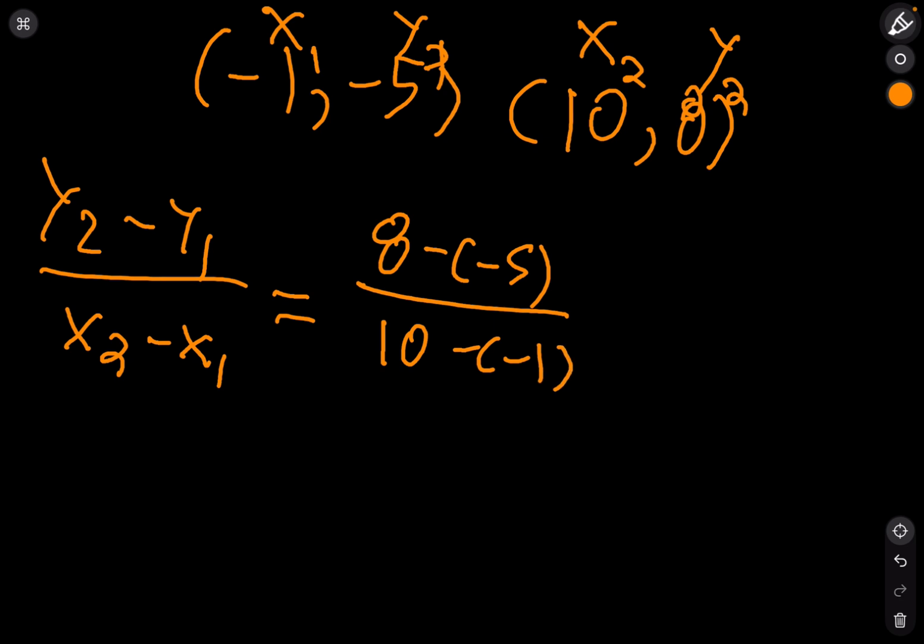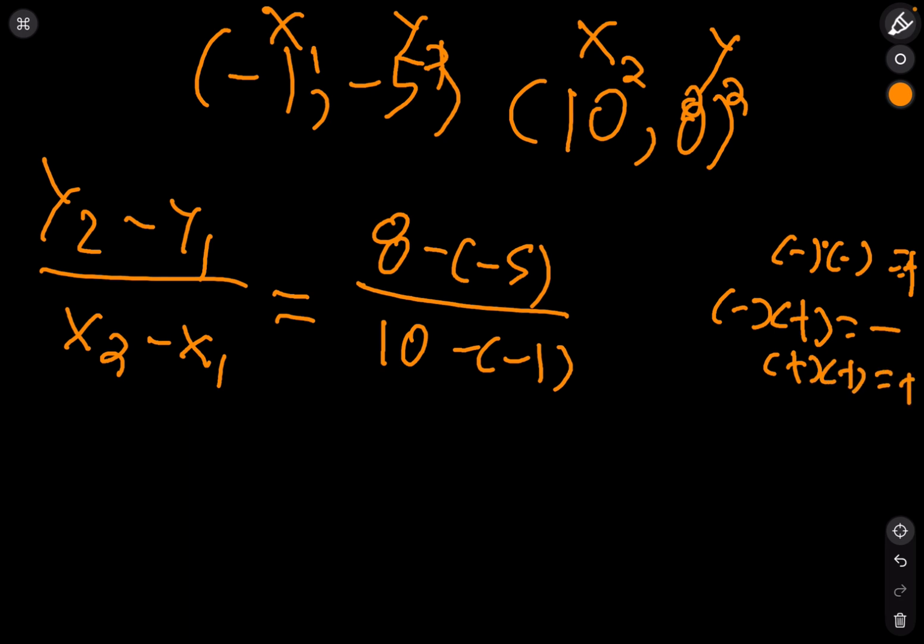Now, if no one has ever taught you how to subtract a negative number, don't worry, I'll be here. Let's just say that you had 8 minus -5. Well, a negative times a negative is always a positive. Then a negative with a positive is always a negative. Then obviously positive with positive is just positive.